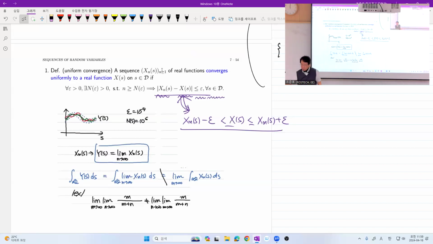And what is the key? This one: for every value of s in the domain. Got it? So using a single margin epsilon, you can bound the function. If that holds, if you can find such an n of epsilon for every epsilon, then you claim that the function converges uniformly.